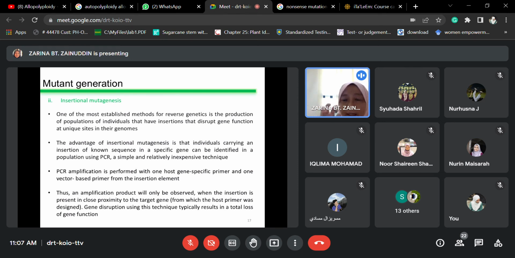Primer ni adalah sequence yang similar to DNA of the virus, the COVID lah. Okay, so kalau dia match, primer ni akan bind to your DNA. Kalau you tak ada DNA virus tu, dia takkan bind. Tapi kalau you ada, dia akan bind, dia akan amplify. Jadi you akan dapat result, oh PCR positif. Maknanya dia amplify DNA of that virus. Tapi kalau tak ada, dia tak boleh amplify lah.